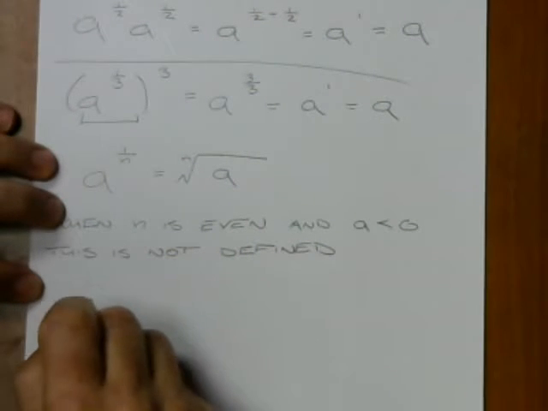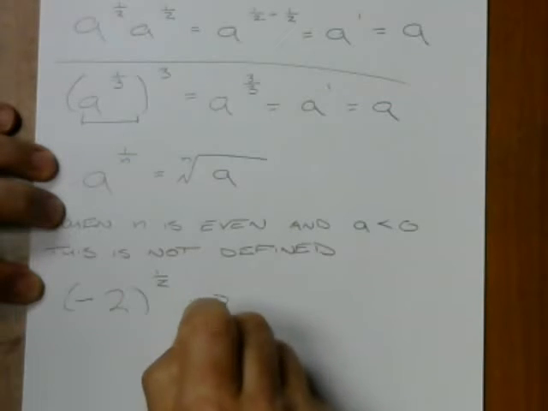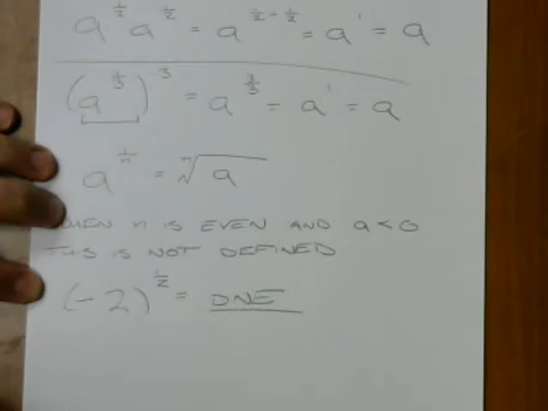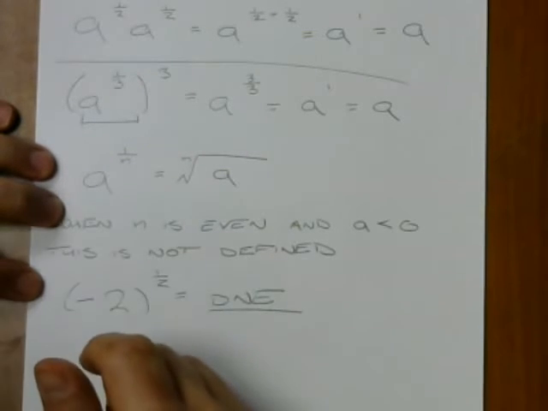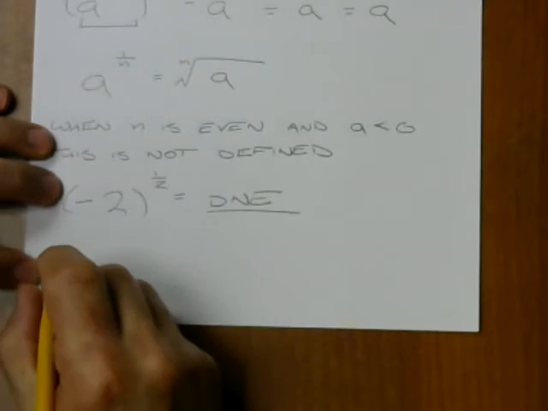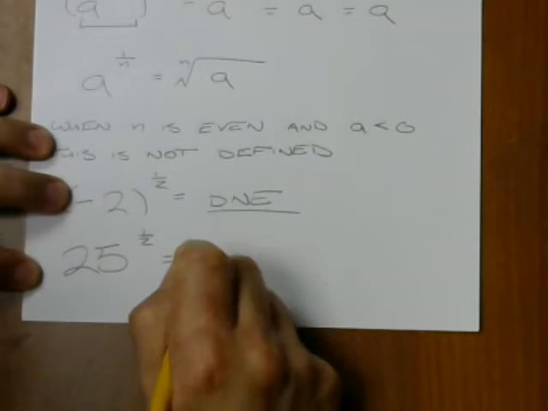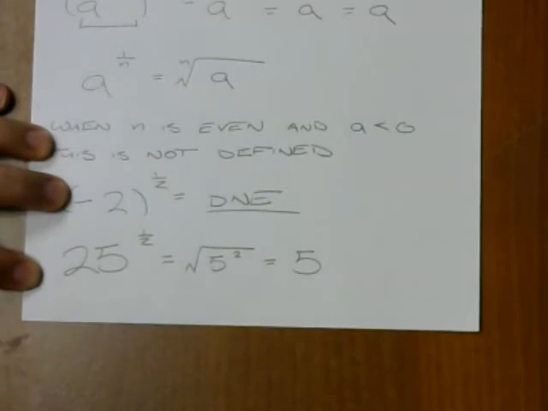If you're asked, say, what's negative 2 to the 1/2, well, this just doesn't exist. It's not defined, no solution, however you want to write that. However, if we want to take something like 25 to the 1/2, that's just going to be the root of 25, 25 being 5 squared, and that gives me 5.